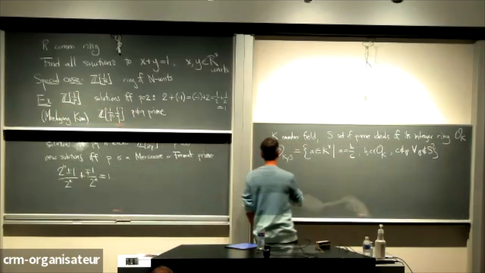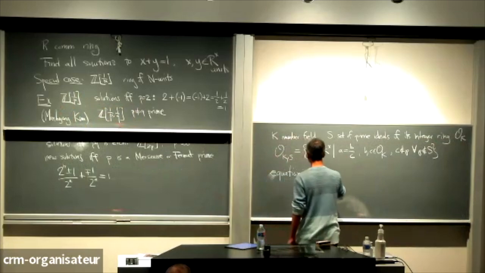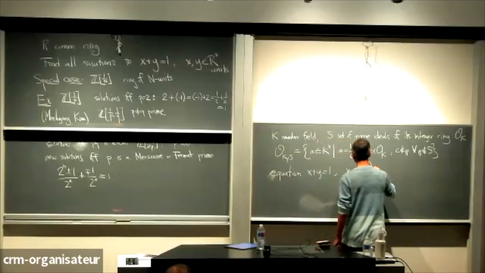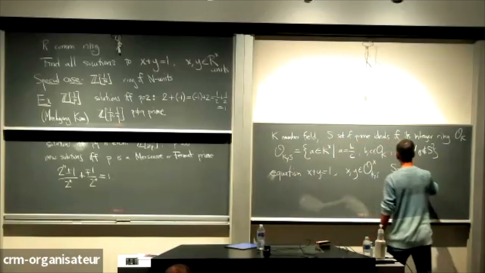The equation x plus y equals 1 with solutions x, y in O_{K,S} cross is called the S-unit equation.